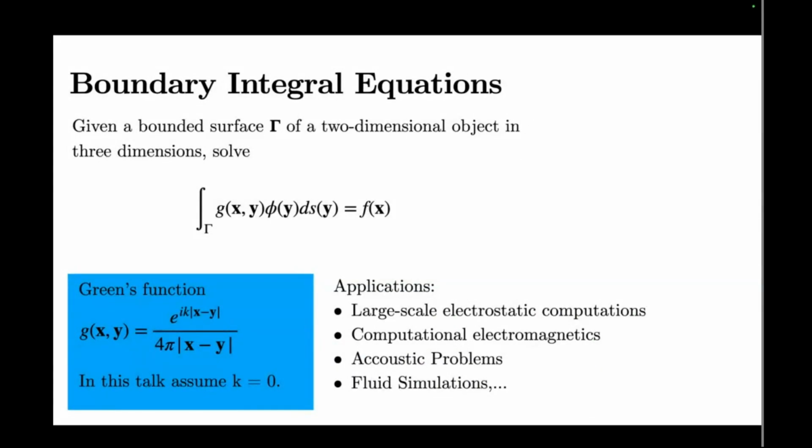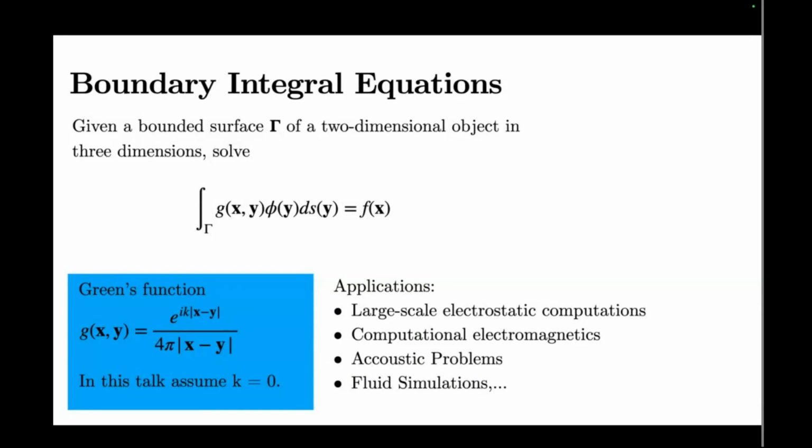So we have a bounded surface gamma. I'm saying here two-dimensional objects; it's actually a two-dimensional surface in three dimensions, for example the surface of a sphere. Then we want to solve a boundary integral equation.